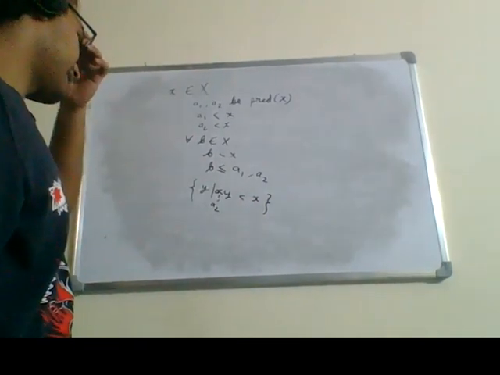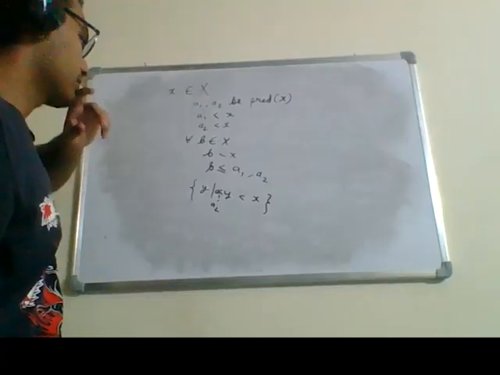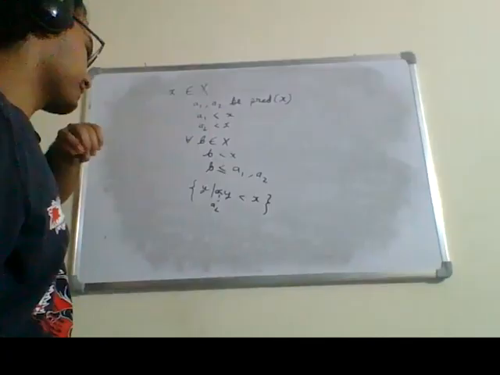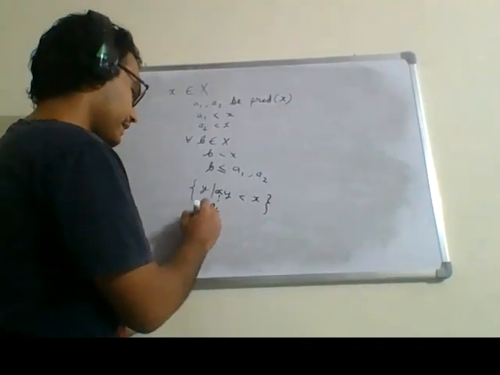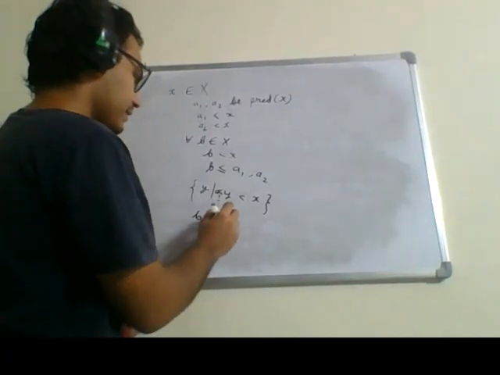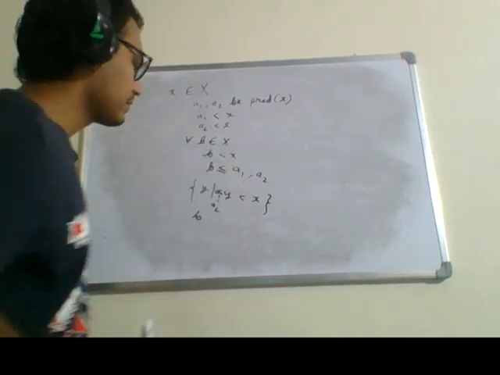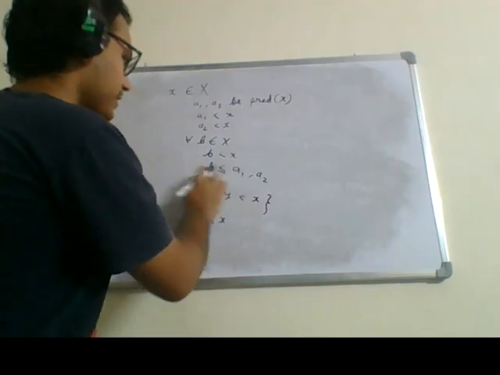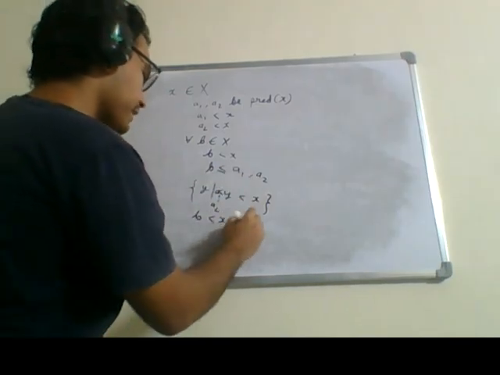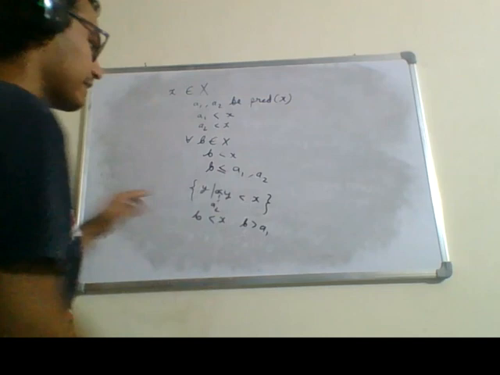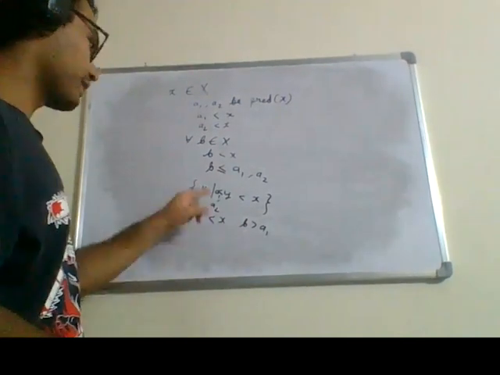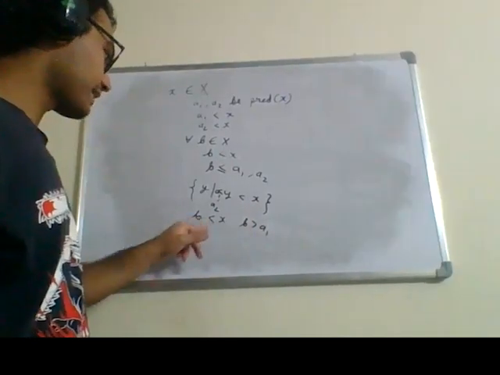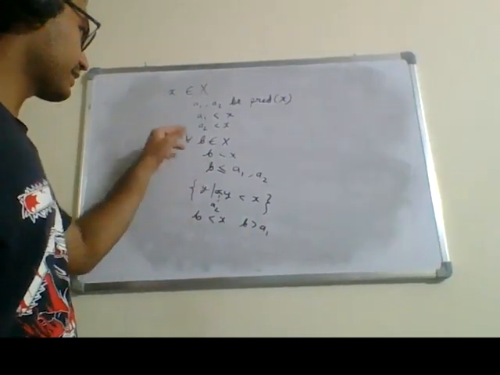That's a triangle inequality business. So if b is less than x, and b is not less than or equal to A1, A2, then b will be greater than A1, which will contradict the fact that this is empty, and therefore contradict that A1 and A2 are the immediate predecessors. So that's how I can state this.